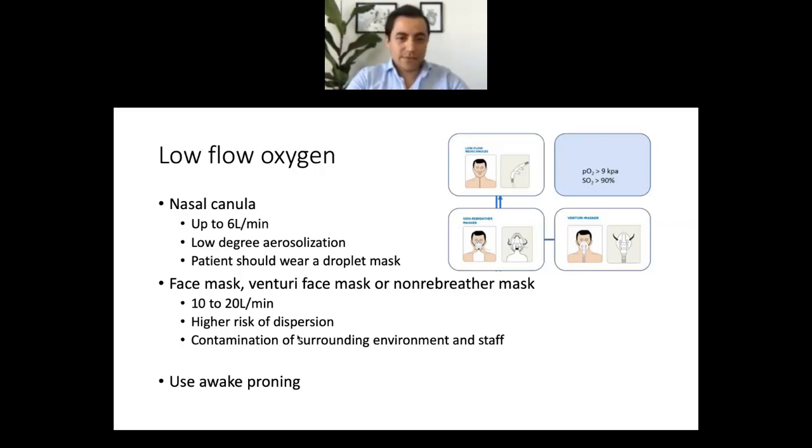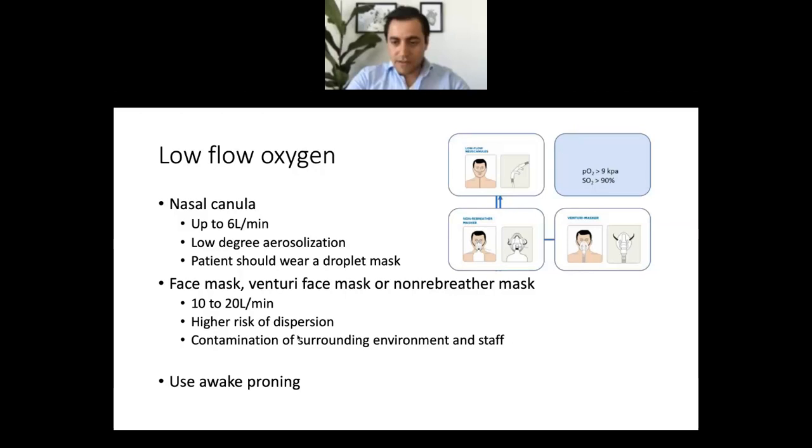If this proves to be insufficient, you can try the face mask, Venturi mask, or the non-rebreather mask, which can provide 10 to 20 liters of oxygen per minute. This is not preferred because of the high risk of droplet dispersion, and the staff and the nurses should take appropriate personal protection.